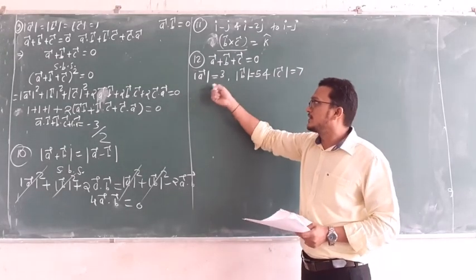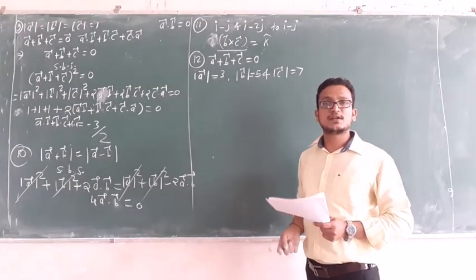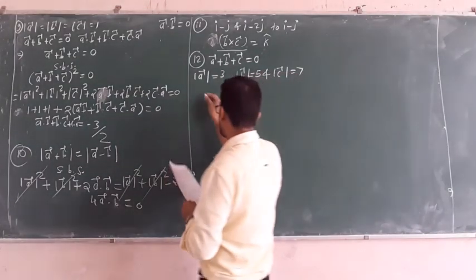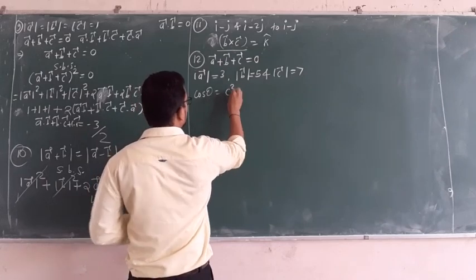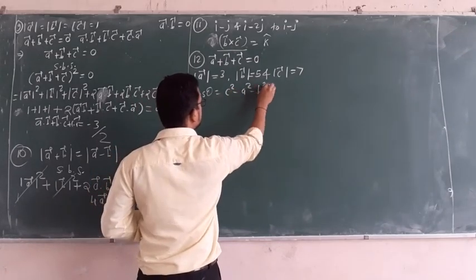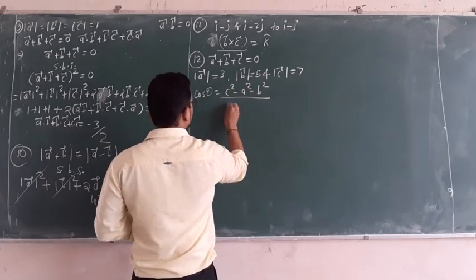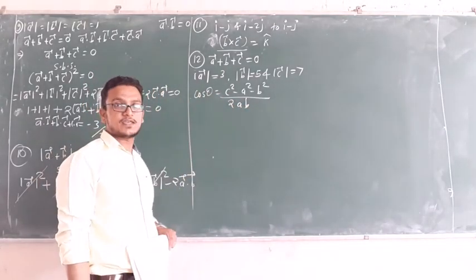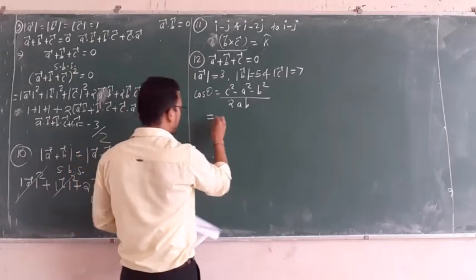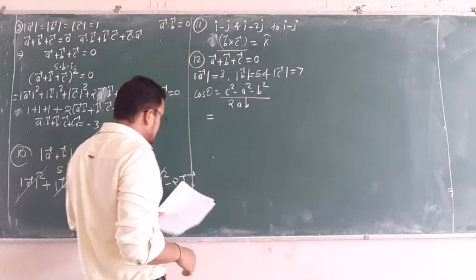But here all three vectors A, B and C are given, and for that the formula is cos theta is equal to C square minus A square minus B square divided by 2AB. This is the formula when three vectors are given. Then substitute the values now.